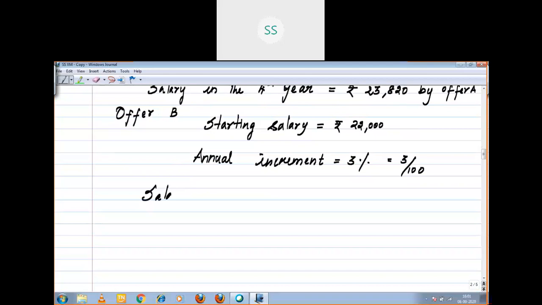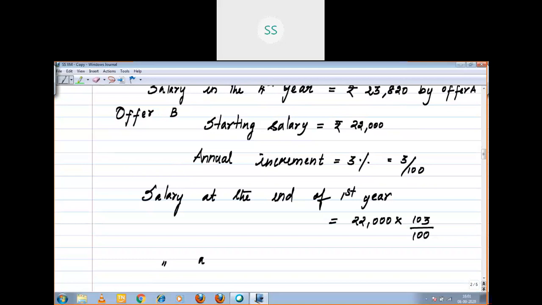Salary at the end of the first year equal to 22,000 into 103 divided by 100. Right?